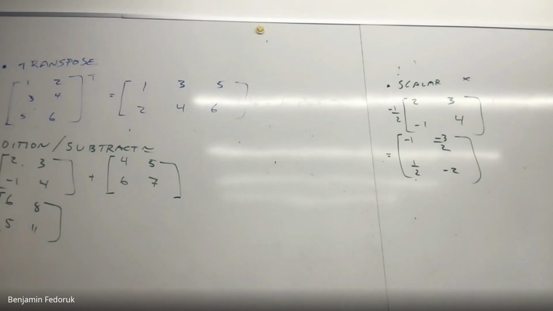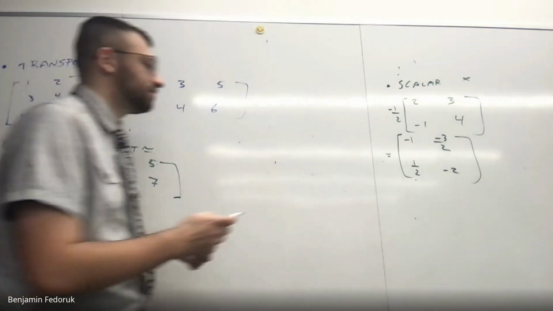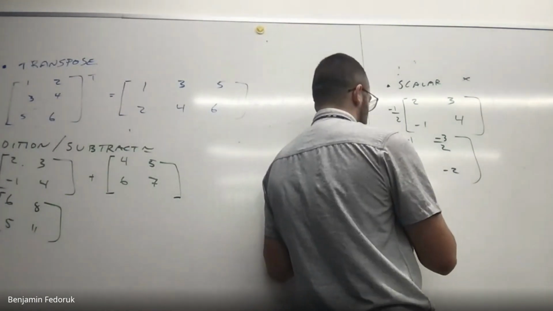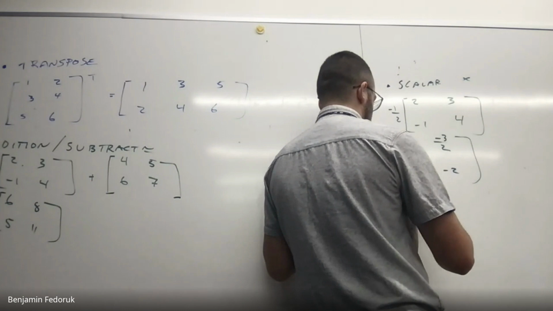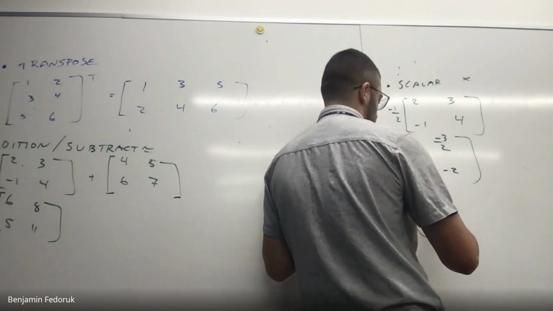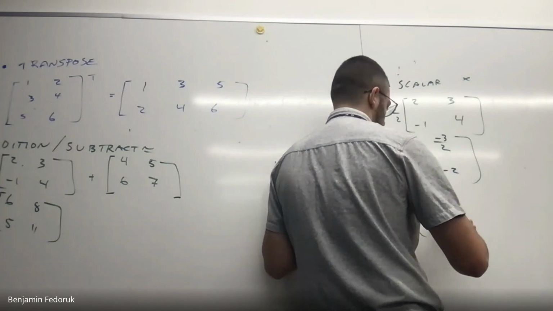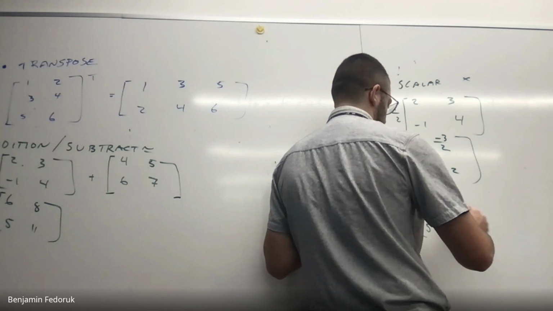There was one other relatively easy operation. Does anyone remember it? It should have been new to you probably, but trace, yeah. So how do I find the trace of, let's do 1, 2, 3, 4, 5, 6?